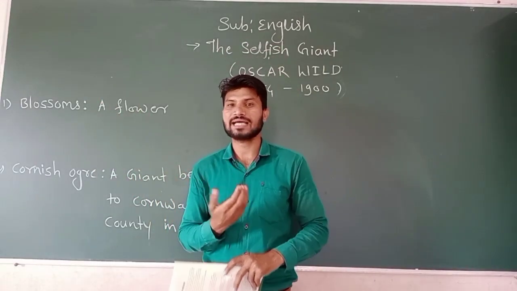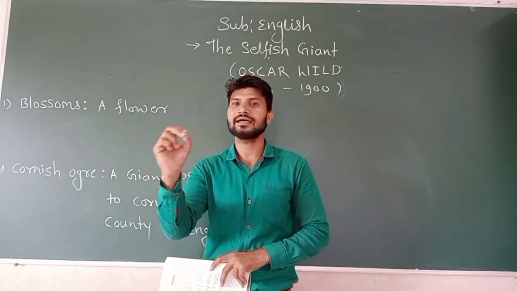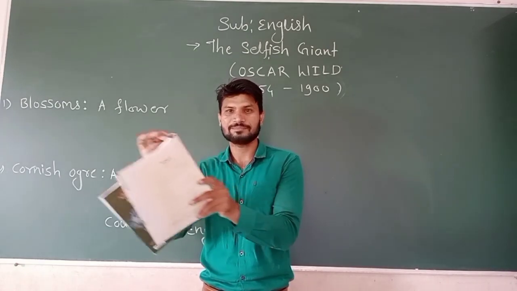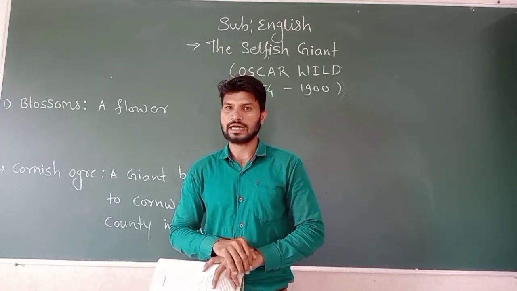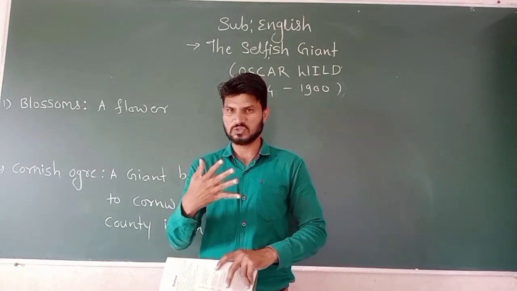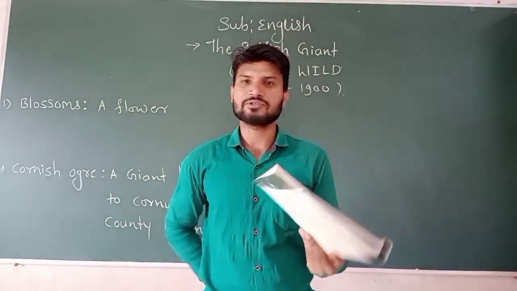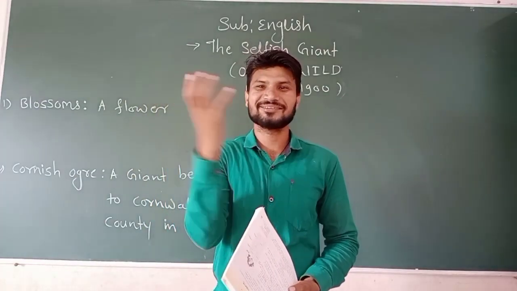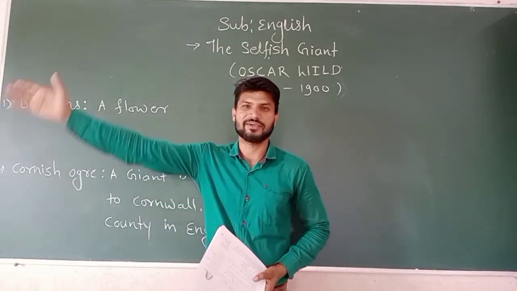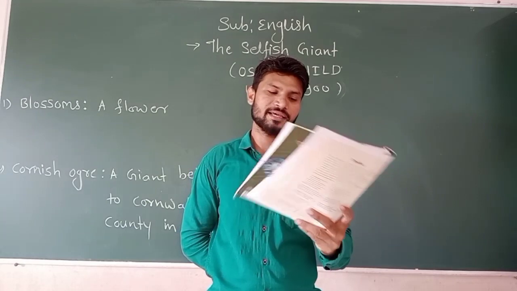When he came back, he saw children playing in the garden, and he shouted in a gruff voice. ऐसे जोर से आवाज से बोला, what are you doing here? When the children heard that voice, they all ran away. वो वहां से भाग गए, है ना?